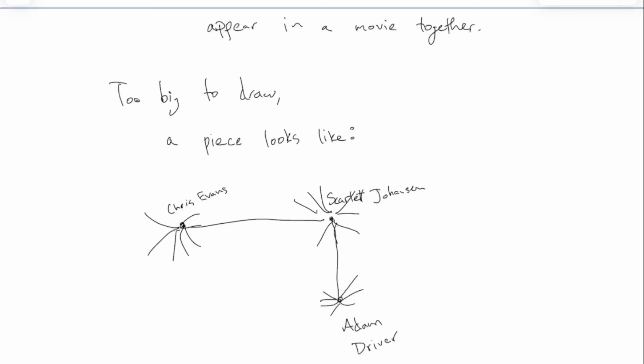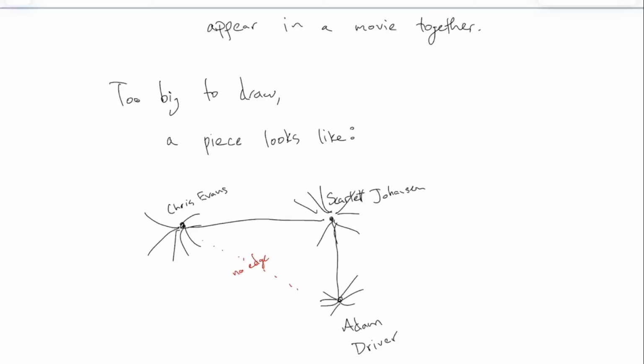But to my knowledge, Chris Evans and Adam Driver were not in a movie together, so there's no edge right here. I don't actually know if that's true, but no edge here. Maybe I'll put a dotted line. No edge there, because those 2 guys have not been in a movie together. I'm not sure if that's really true, but this is what I am trying to imagine.